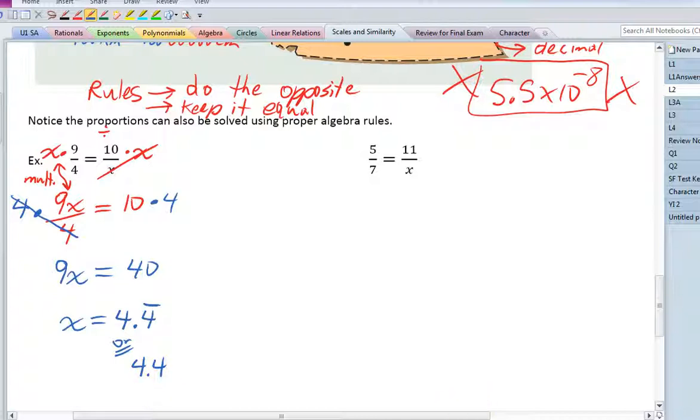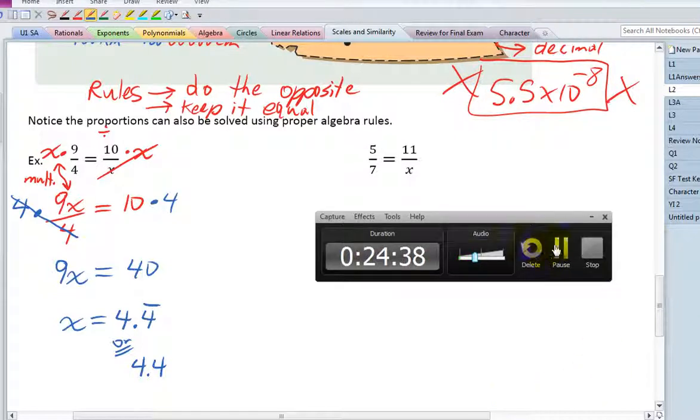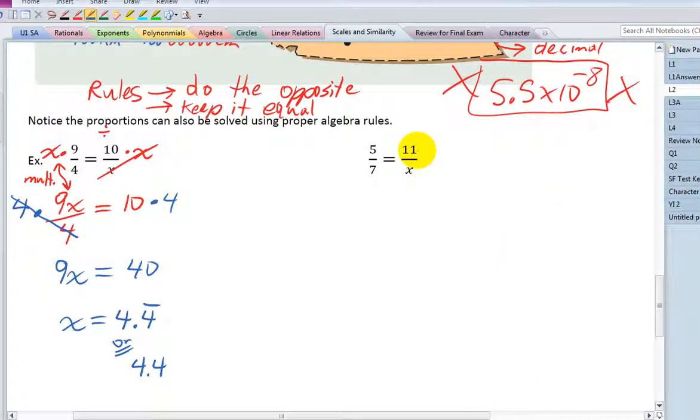So what's the first step? Yes, Dustin? Why times, Dustin? Good. So it's a division, so he times it by x. Good job. So we get 5 times x divided by 7 equals 11. What's the next step? Rabia. Good.